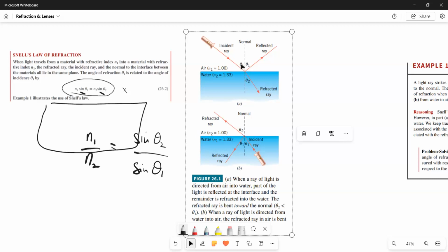So this is the angle we're talking about: the angle that the ray makes with the normal, and the angle in here that the refracted ray makes with the normal. That's the relationship we're coming to.